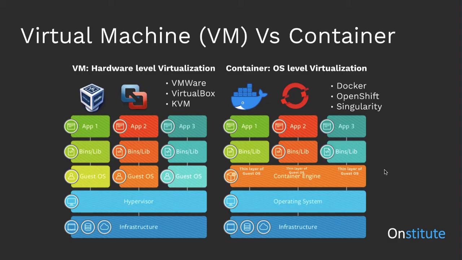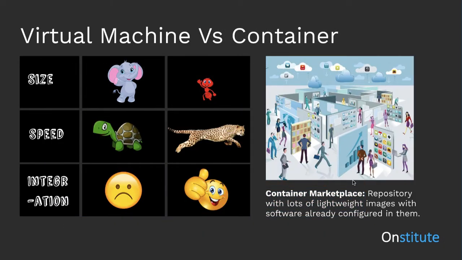So the question is, what is the benefit of container over virtual machine? There are four major benefits. The first one is size. Since virtual machine uses the full version of the guest operating system, normally the size is very high. Whereas the container, since it uses only a thin layer of the guest operating system, the size is several magnitudes less compared to VM.